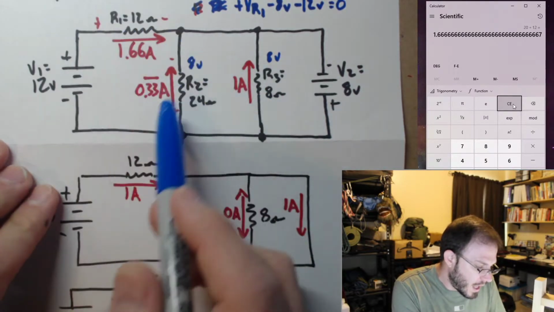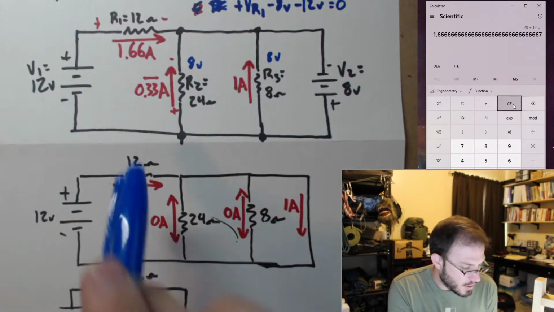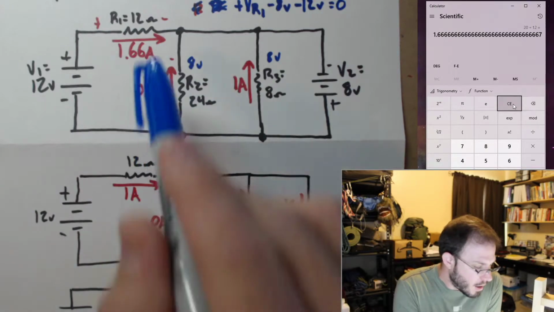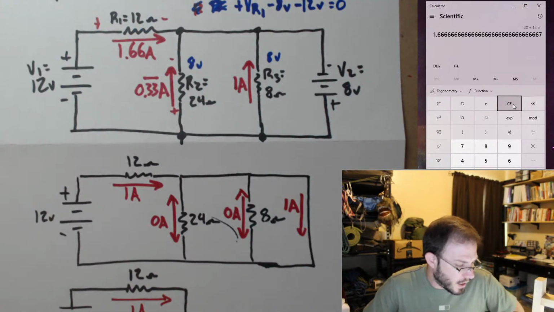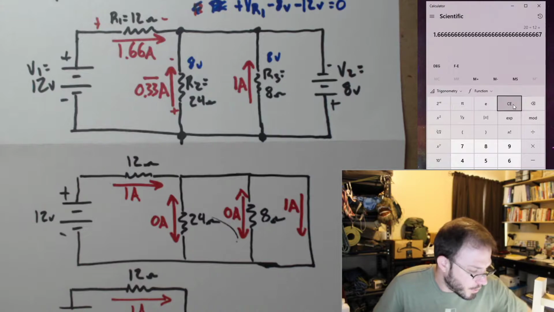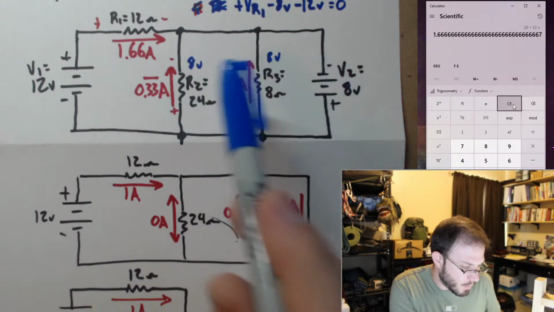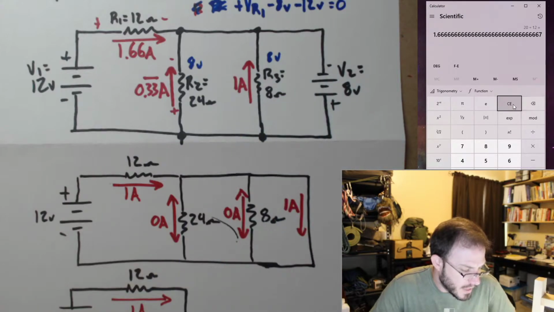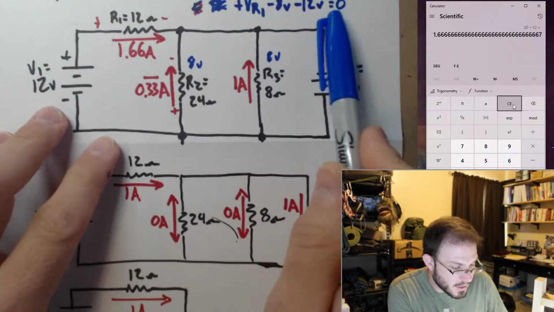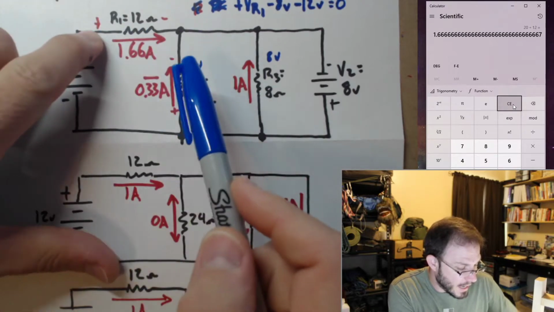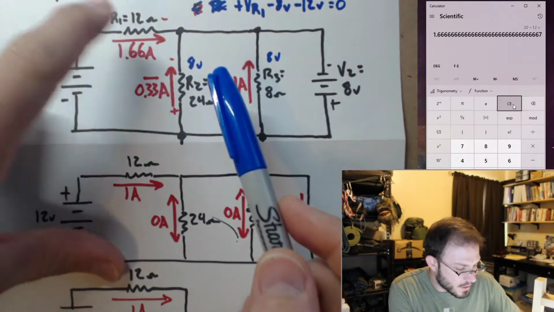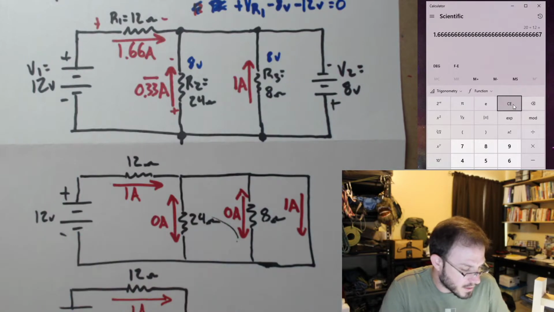Okay, so little roundabout application of Kirchhoff's voltage law there, but just to confirm the current through R1 as well, very similar to how we applied KVL in the other two cases. I just had to explicitly write it to make sure that I got my polarities of my voltage drops correct.